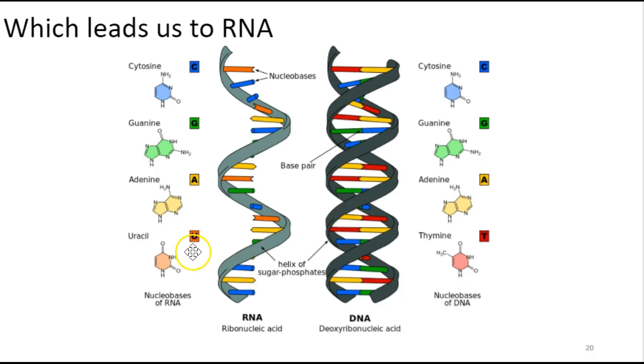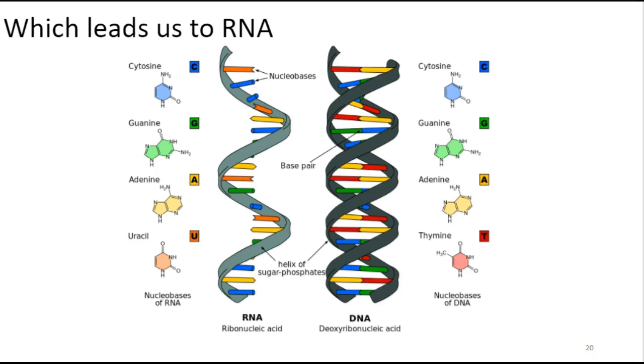However, RNA will have the nitrogenous base uracil instead of the nitrogenous base thymine, which is found exclusively in DNA. So there's some chemical differences in the nucleotides that make up RNA versus DNA. They're subtle, but they're different. That's a little bit about the structure of RNA.